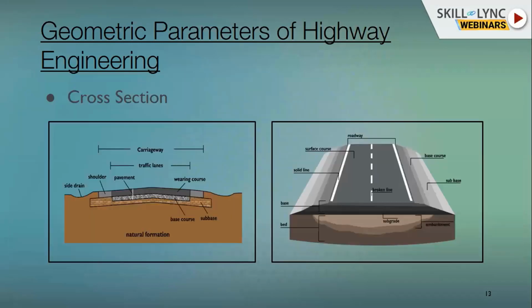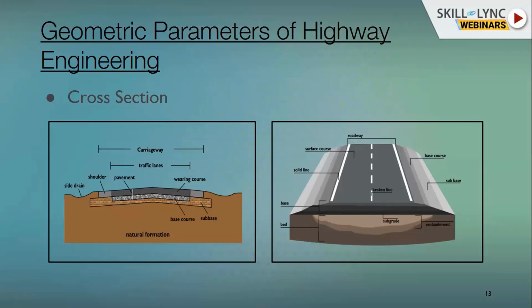So once the geometry is done and we have fixed the horizontal and vertical alignment of the road, next comes the important parameter, which is cross sections. It will be the body of the road. Once we finalize those aspects of our highway, we need to decide the type of cross sections we need to provide.